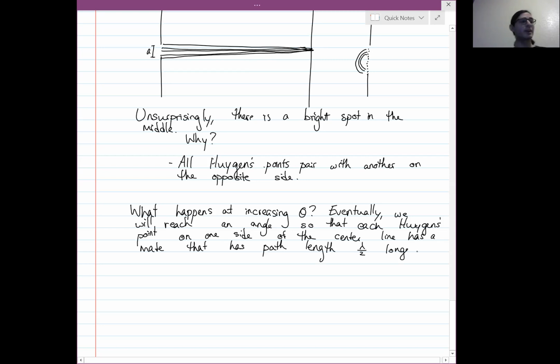Notice, by the way, that I'm talking about lambda over 2 and not lambda, and that's for a very particular reason.